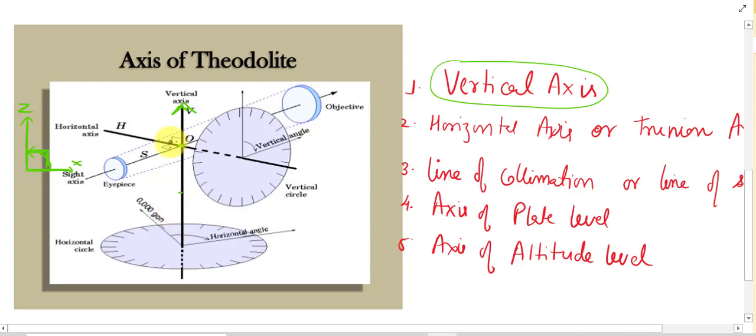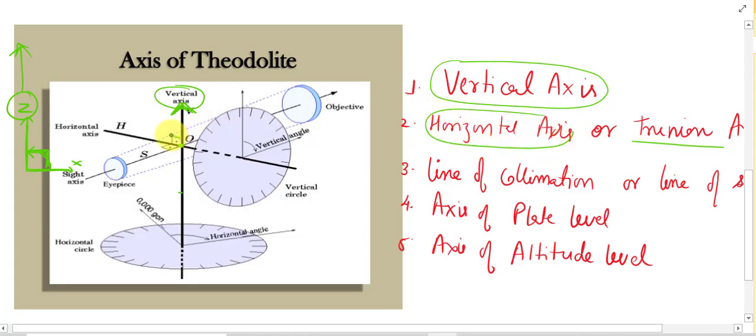Joining these two points and prolonging them toward the z direction, toward the height, toward the sky, is known as your vertical axis. Is it clear?